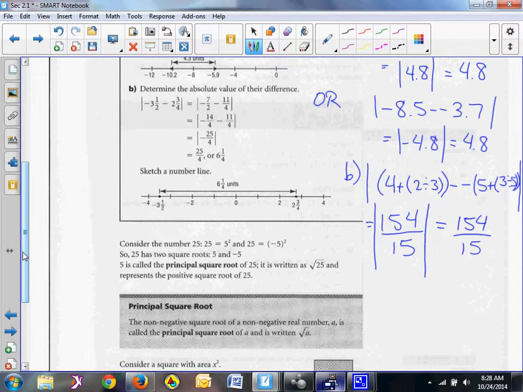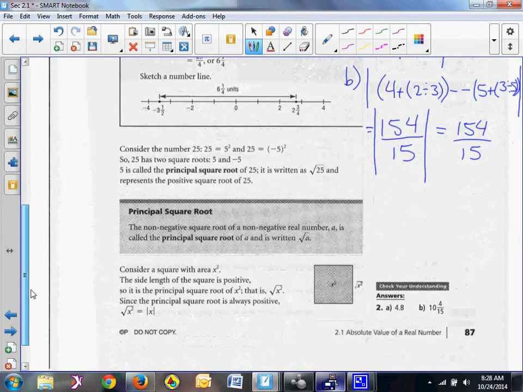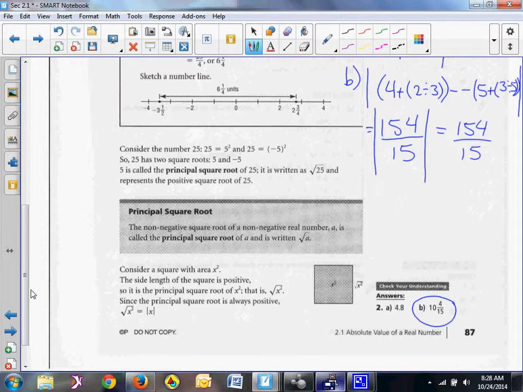Notice in your answer, the answer is 10 4/5. Well, 154 over 15 is a perfectly good answer. You don't have to switch it to a mixed fraction unless you want to. Quickly, I can show you how to do that. I find the fastest way is with long division. So how many times does 15 go into 154?